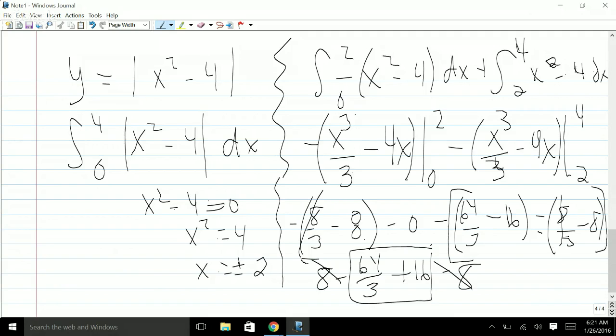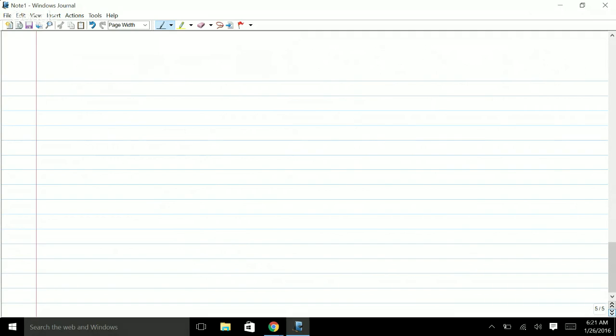Almost done here. I want to show you a particle motion problem, distance versus displacement. Okay, so I think I mentioned this earlier. If you have a velocity function, this will give you displacement.